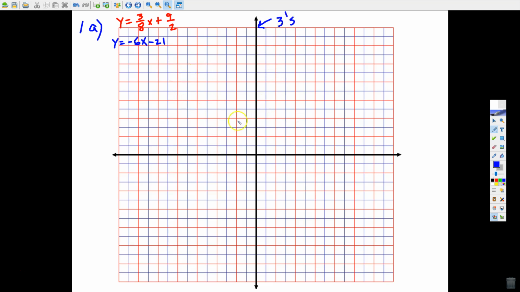If these are in 3s, then negative 21 would be down 7 marks. 3 times 7 is 21. So this would be a y-intercept of negative 21 on my graph, since the y-axis is in 3s. And just to be consistent, I'm going to make the x-axis also in 3s. Okay, makes it a little bit easier when we're determining points on a line.